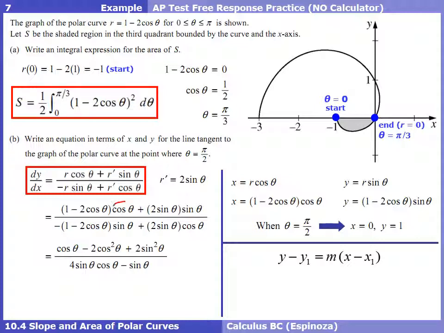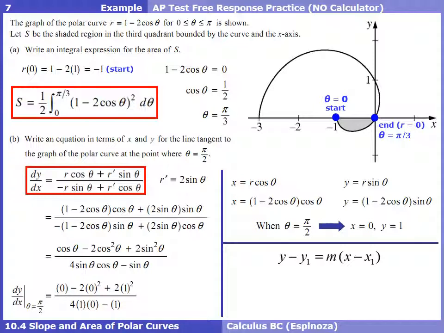We can actually simplify this a little bit, and it's not necessary, but it will clean things up a bit. We can distribute the cosine theta, we can distribute the sine theta in the bottom, and once you clean up a lot of stuff, you'll end up with this expression. But bottom line is, we really didn't have to do that. It just might help us a little bit in terms of evaluating this big fraction at pi over 2.